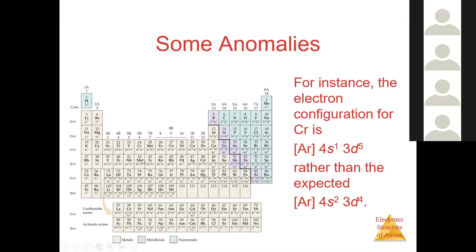So molybdenum's configuration would be 5s1, 4d5. Tungsten's would be 6s1, 4f14, 5d5.